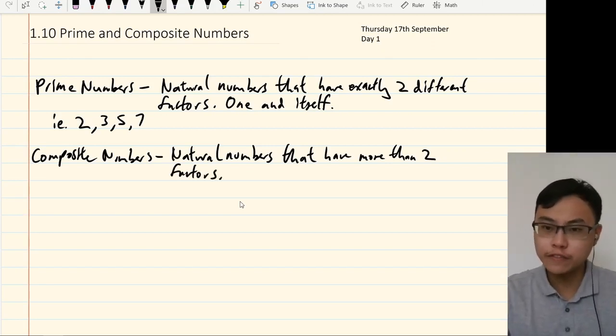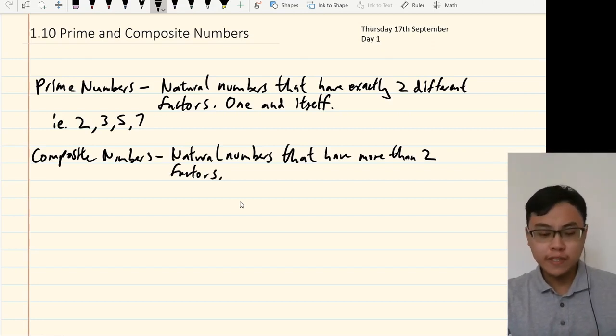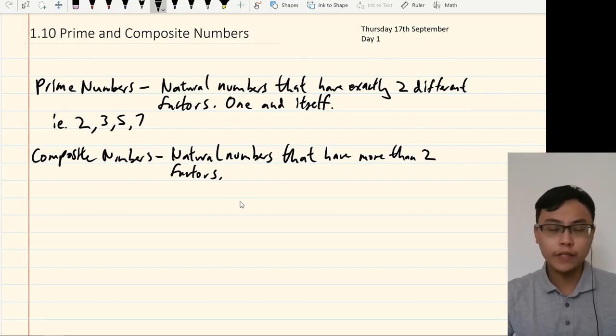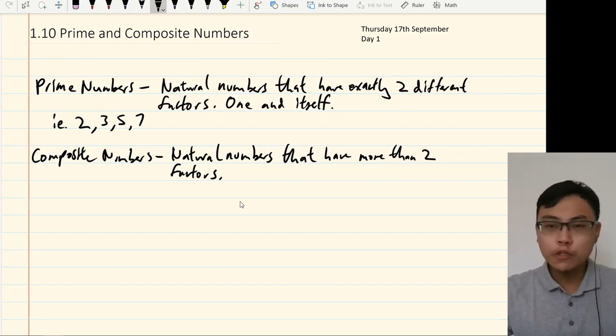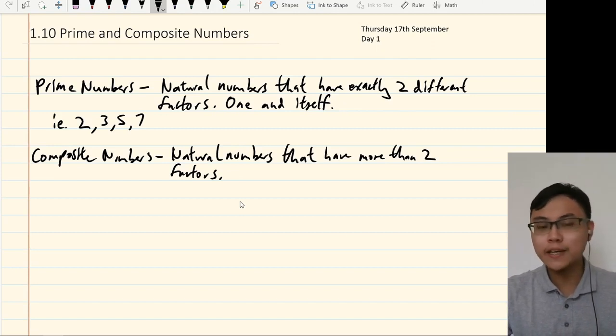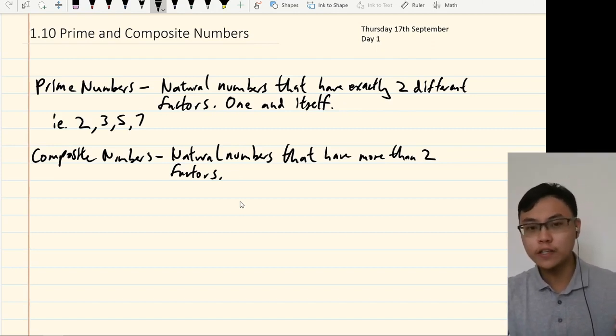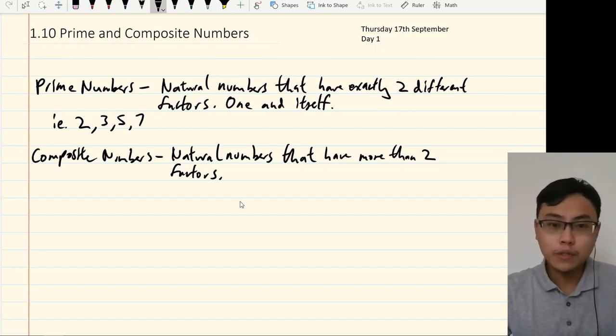This is the actual definition of a composite number. Now, is it safe to say that composite numbers are all the non-prime numbers? You are almost correct, but 1 is not a composite number, and 1 is also not a prime number. That's why you cannot say that composite numbers are non-prime numbers, because of the exception of 1. The better definition is that a composite number is a number that has more than two factors.